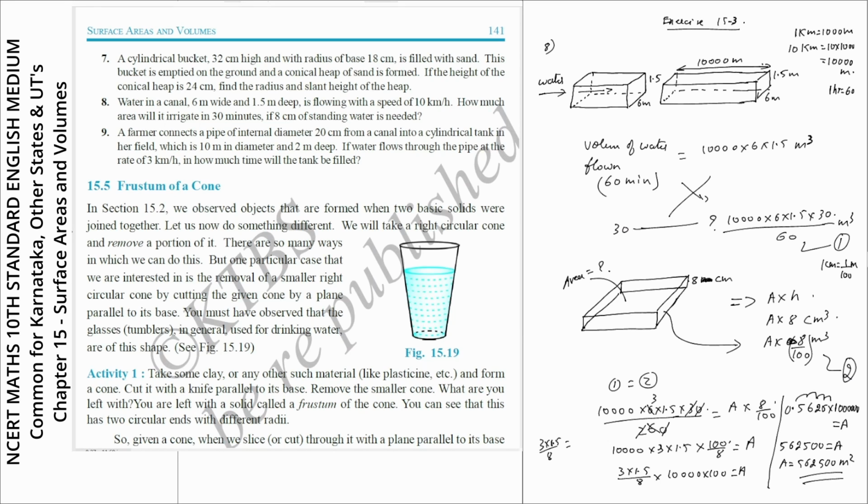The water flow has irrigated an area of 562,500 meter square, and the standing water on that area is 8 centimeter, or 8 by 100 meters. And if you want to convert this area into hectares, you should divide by 10,000, you will get 5625 hectares.